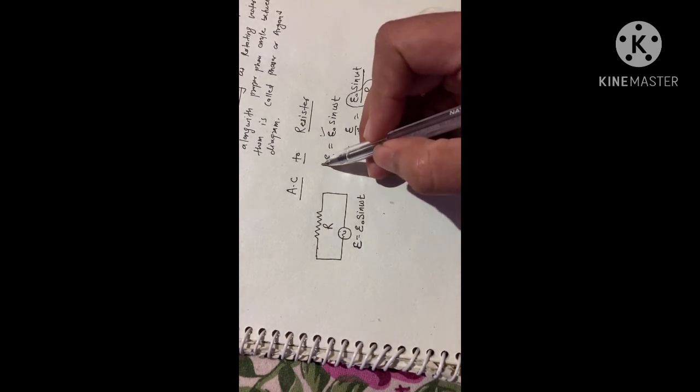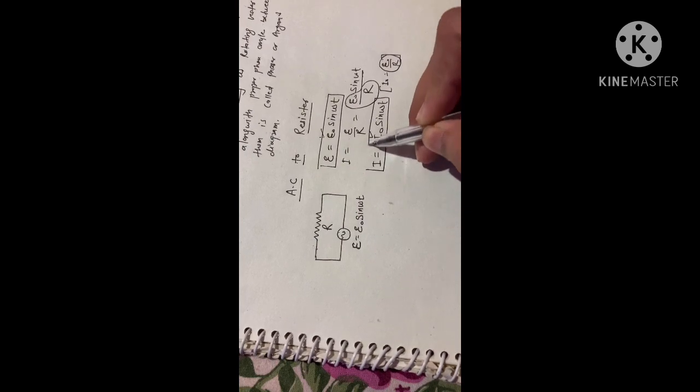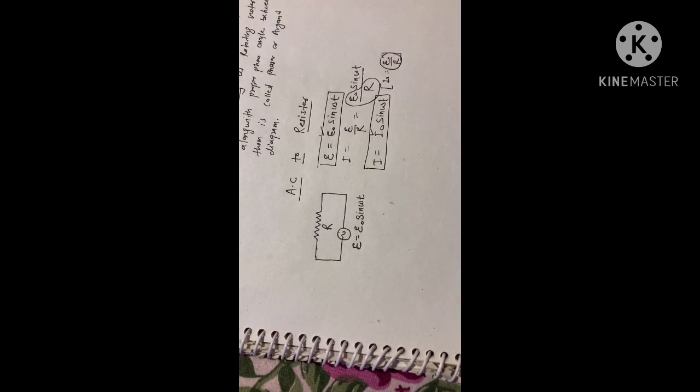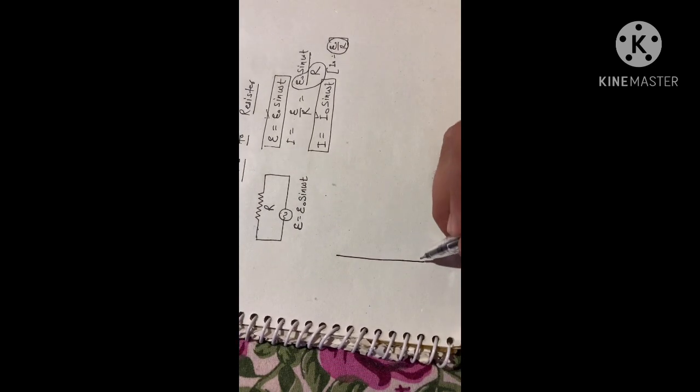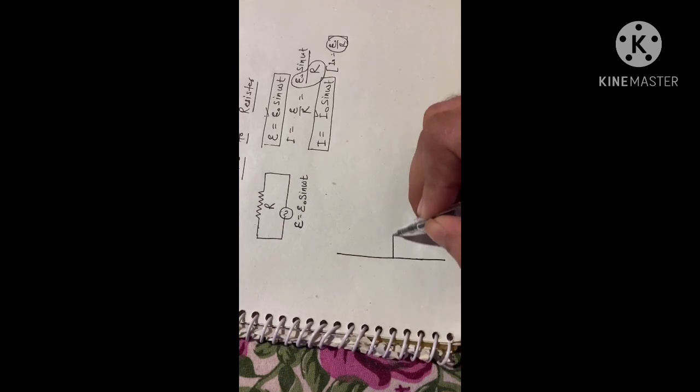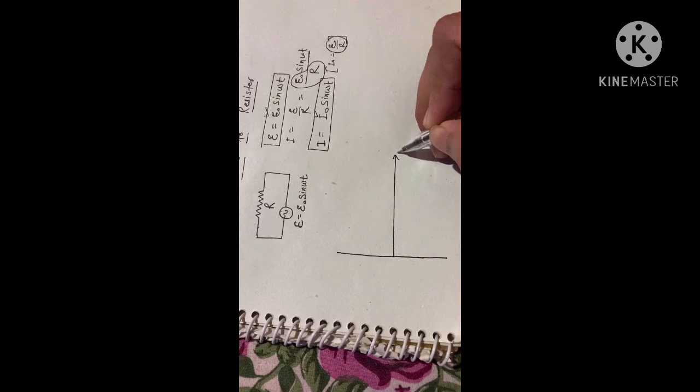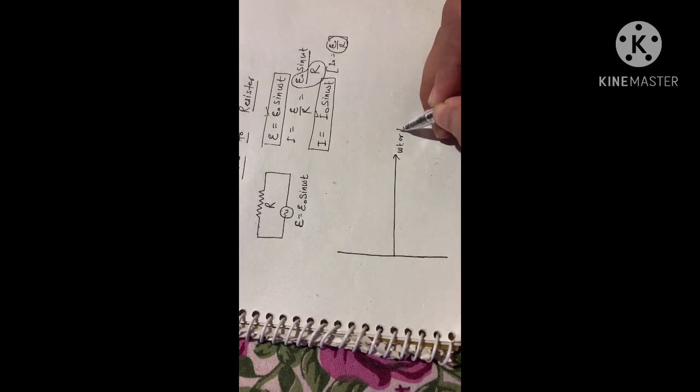Now, the important thing is this: this is the equation of EMF, and this is the equation of current. Both are sinusoidal in nature. When you plot the graph, it will be like this. This is your y-axis, and on the x-axis, the most important part, is omega t or simply t.